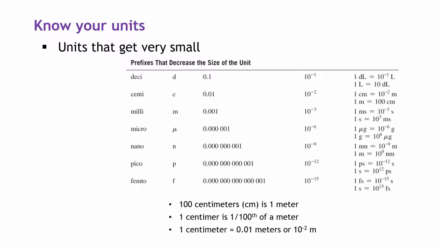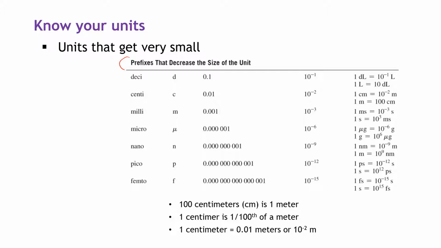In order to get at the metric system and to understand it well, we have to understand something called prefixes and how prefixes make units get very small. What do I mean by that? Well, if we look at deci, for example, deci means that a deciliter is 0.1 liters.